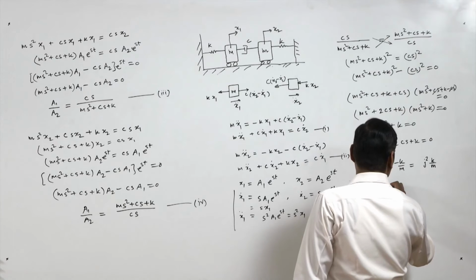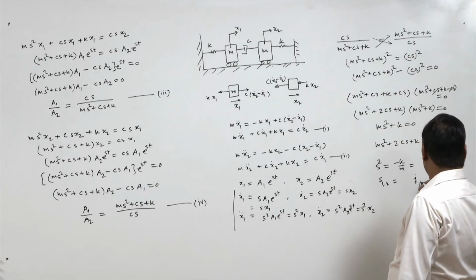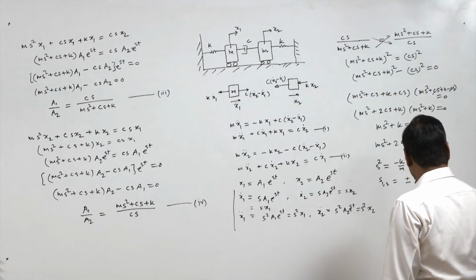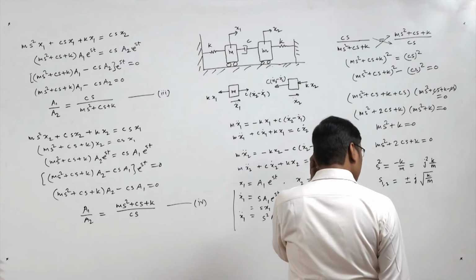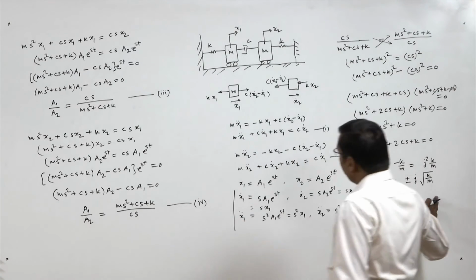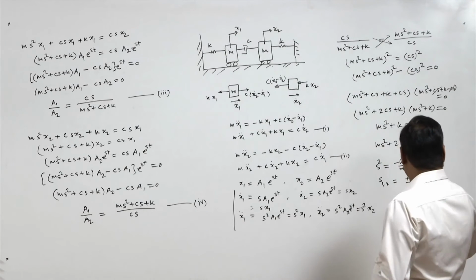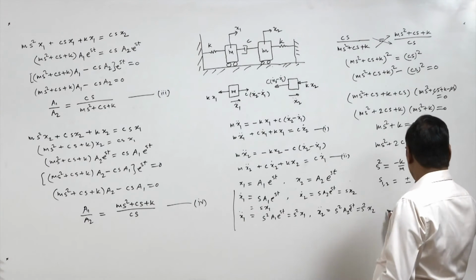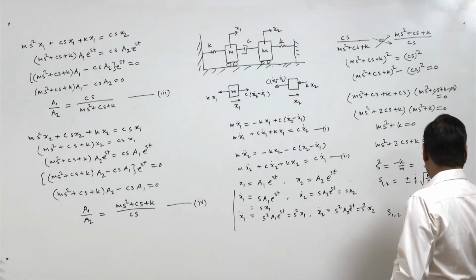So s equals plus minus j root k by m. And if we say that omega n equals root k by m, we can write s1,2 equal to plus minus j omega n.